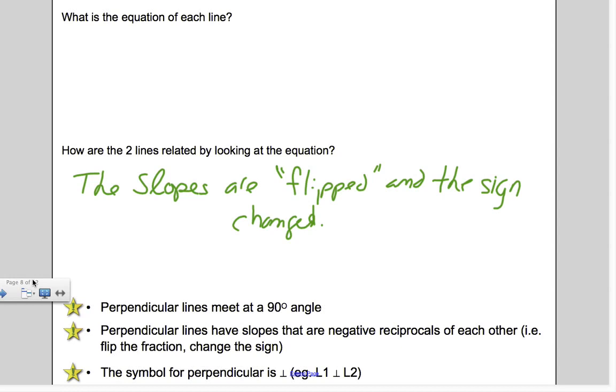That is, flip the fraction, change the sign. And the symbol for perpendicular is this thing that looks like an upside down T. So for example, L1 is perpendicular to L2.